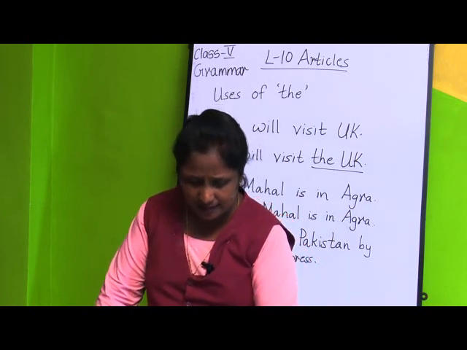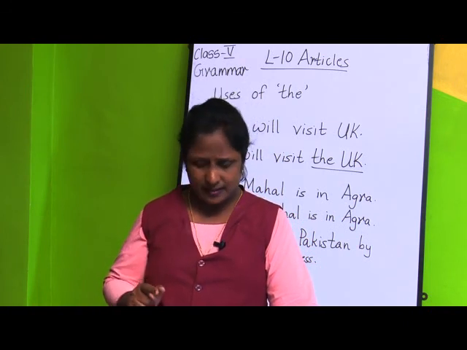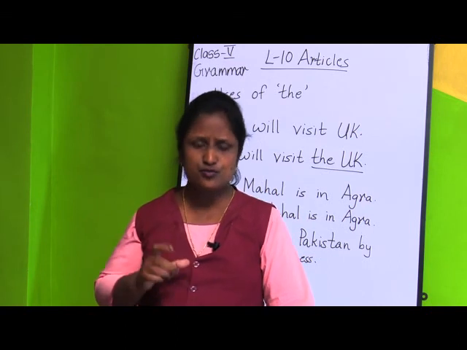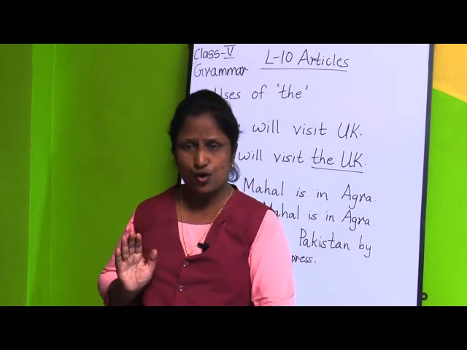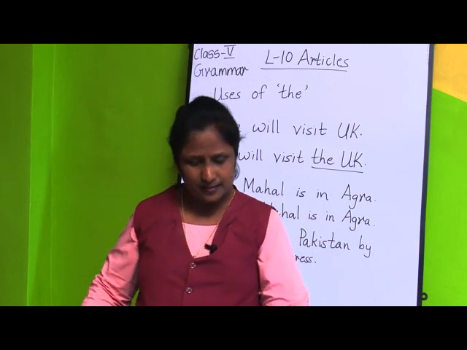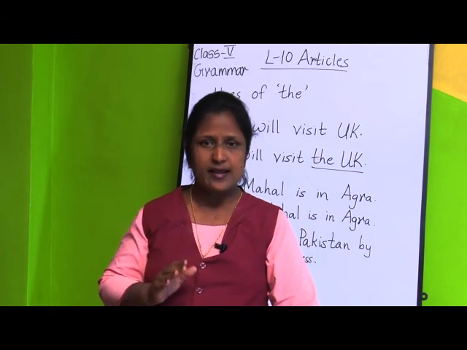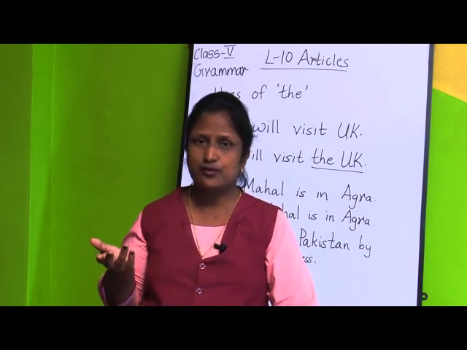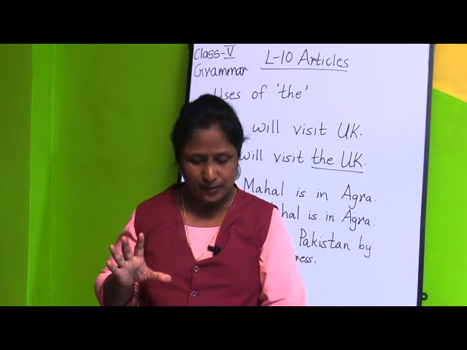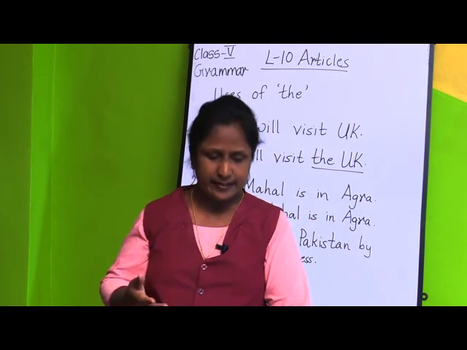Then a and an are used for any person or anything. The is used only for a particular person or particular thing. Also a and an are placed before a noun when we are using it for the first time. The is used for the noun when we are talking about a particular person, or when we are talking about any noun for the second time.